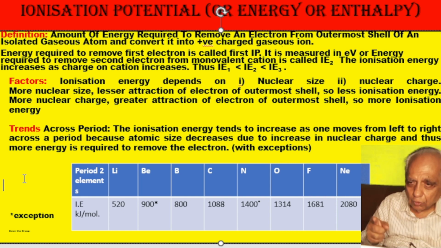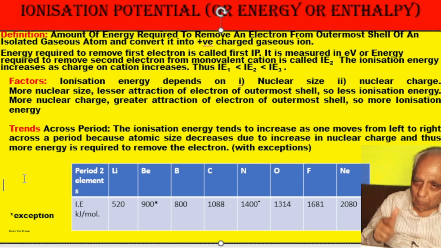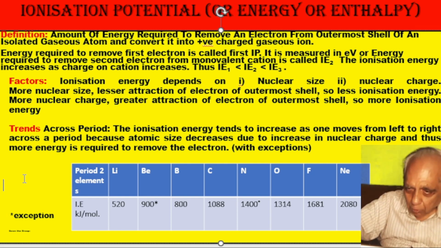So my ionization energy for the second would be more than the first, and the ionization energy for the third would be more than the second, because now the cation will become positive 2. So I have to overcome a large force of attraction between the cation and the electron.